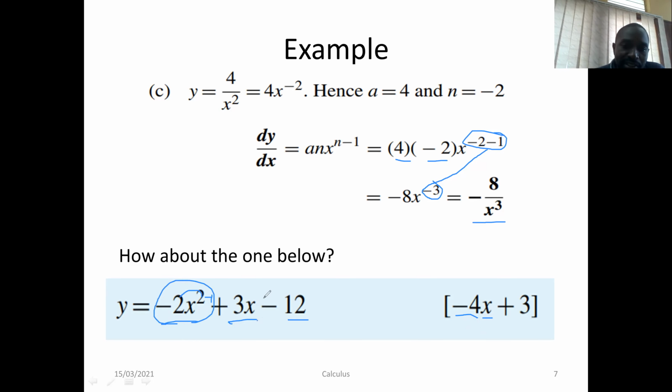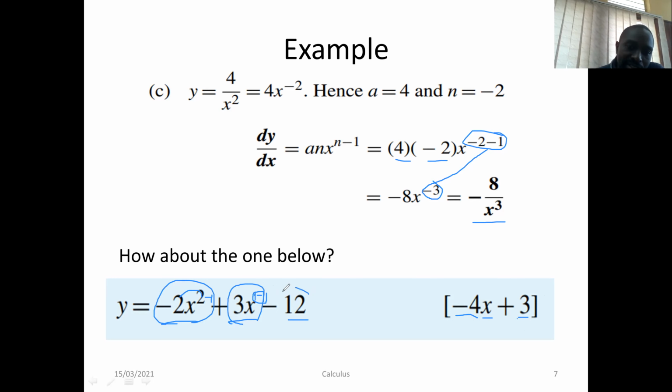Then moving on to the second term, 3x, there is a silent power of 1 there. So 1 times 3 giving us the 3 here. And then this same power minus 1 gives us x to the power 0, and any number to the power 0 gives us a 1. Therefore, 1 times 3 just gives us a 3 here.